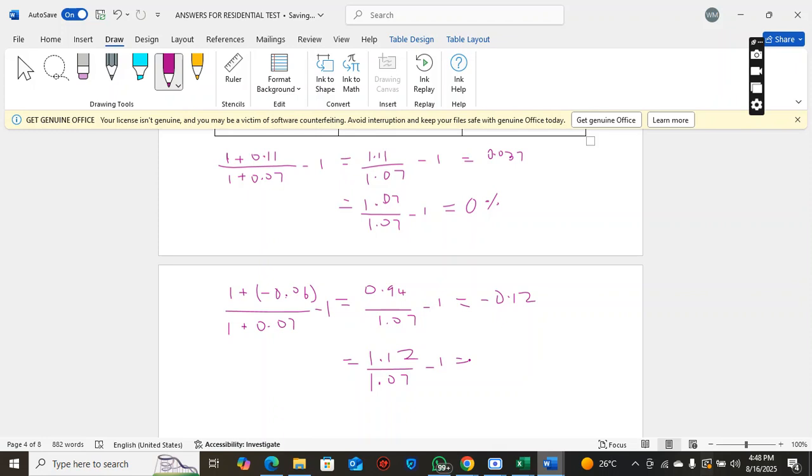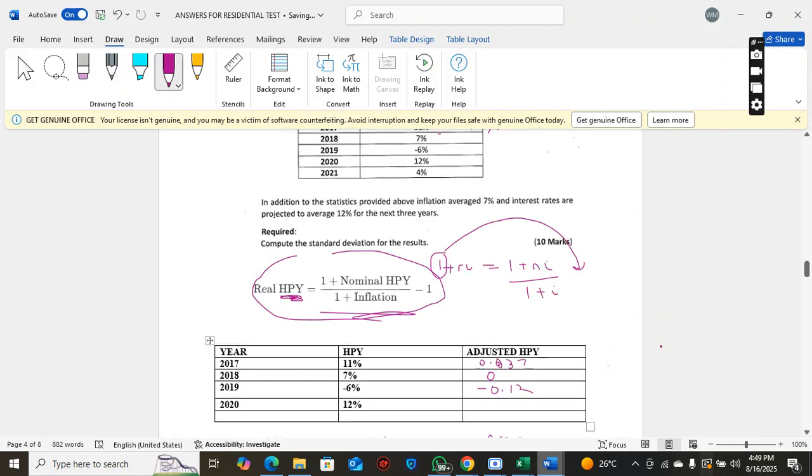So 1.12 divided by 1.07, 1.046. 1.046 minus 1 is 0.046, or actually 0.047 if we round it up, 0.047.